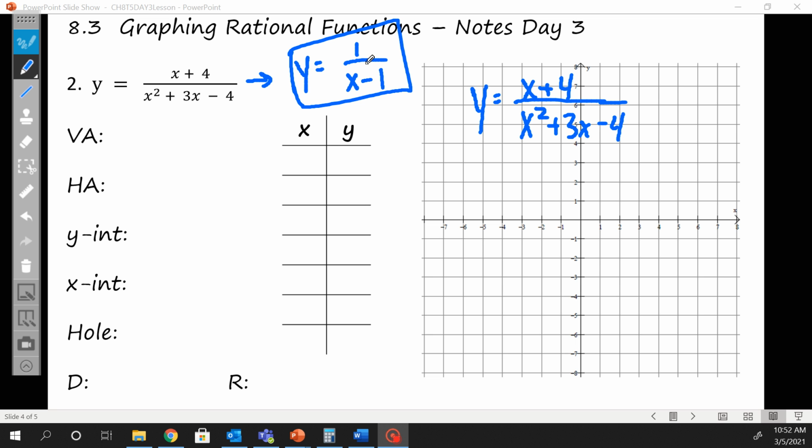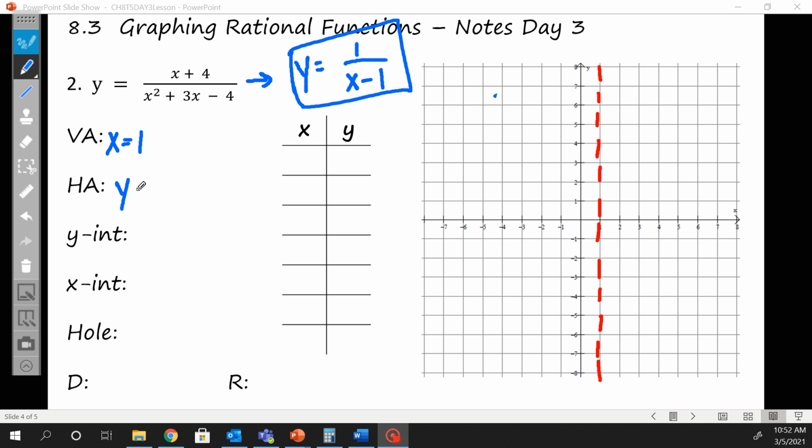So that will be x is equal to 1. That's going to be right here. The graph will not cross this line. For the horizontal asymptote, that's going to be equal to k. Okay, well, k is over here at 0, so y is equal to 0.